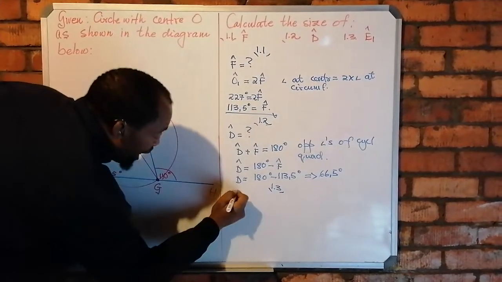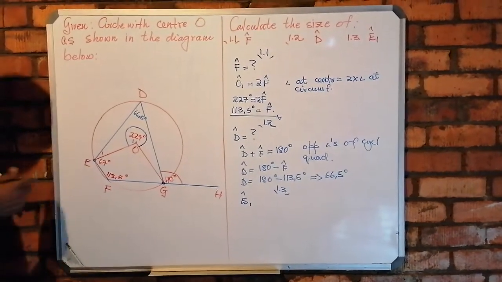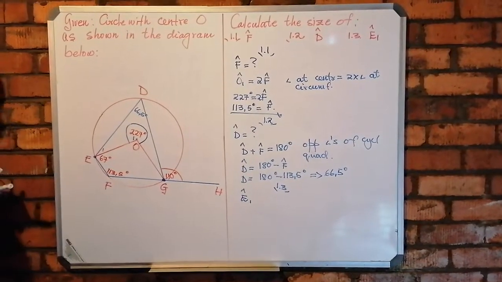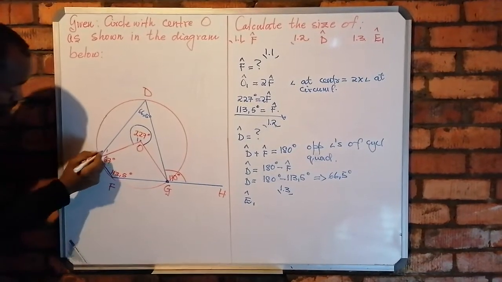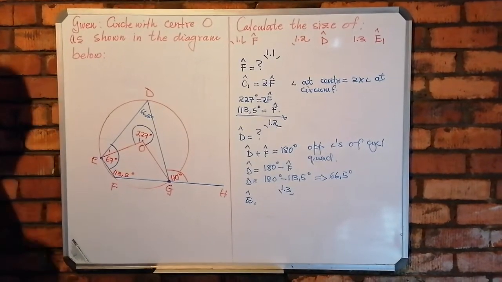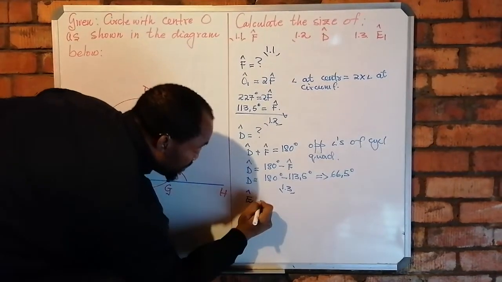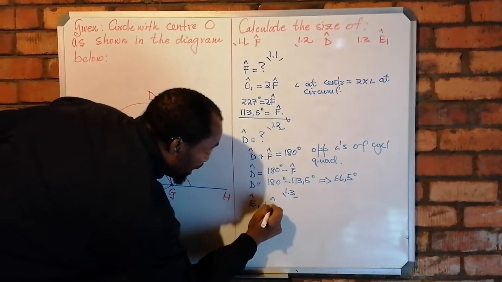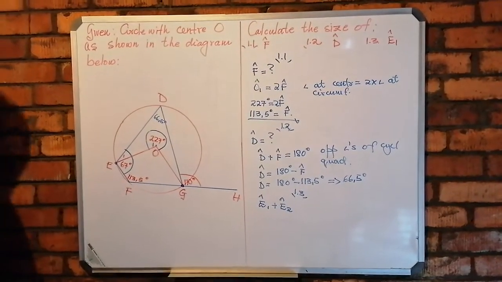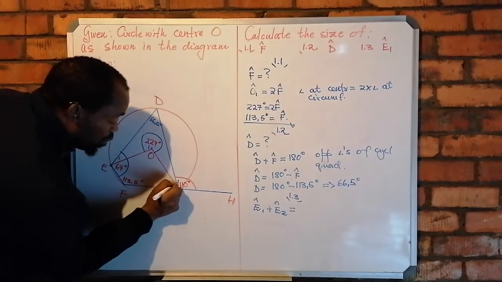They say, what is angle E1? Let's look at angle E1. Angle E1 is that small, beautiful angle there. If you look at it, we have a big angle E1 plus angle E2. That is why I'm going to start by saying angle E1 plus angle E2. What about those two angles? They are exactly the same as angle G1.